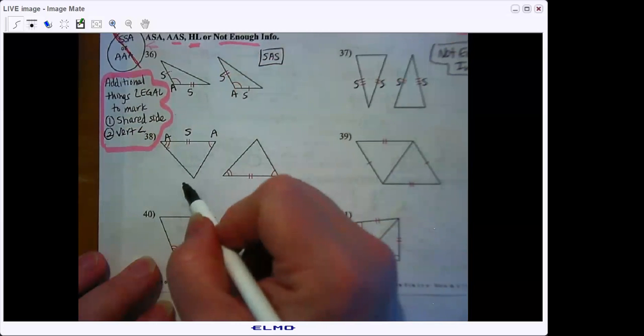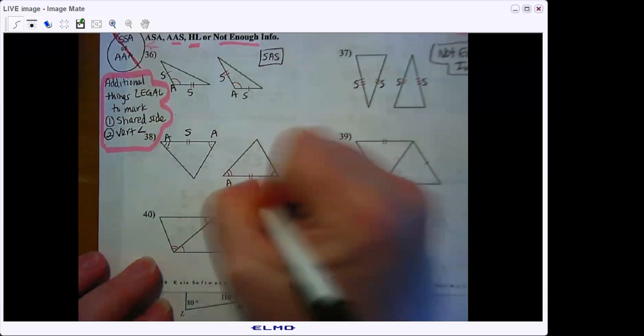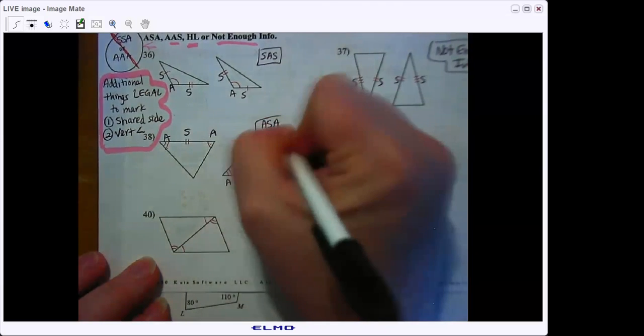So if you said side, side, side, we don't actually have information on these other two sides. So it couldn't be that, but we do have a corner, a side, and a corner. So that would be an angle, side, angle. And it does match over here, angle, side, angle. So that would be my answer, angle, side, angle.